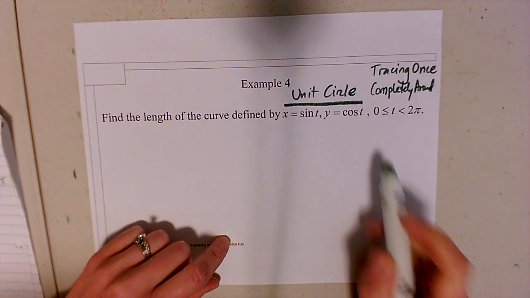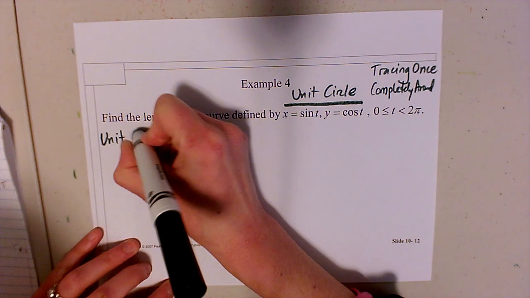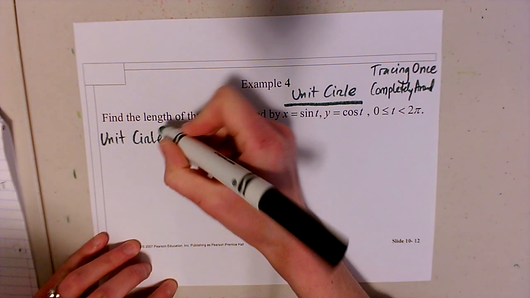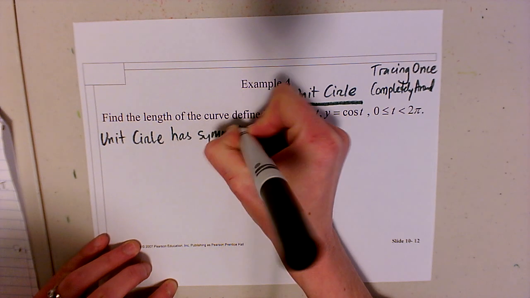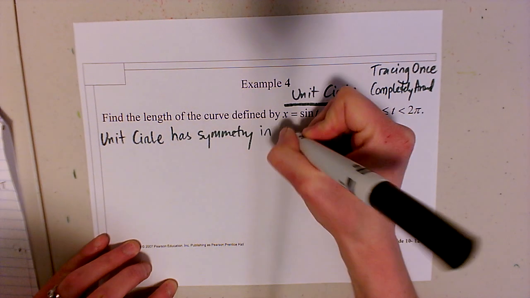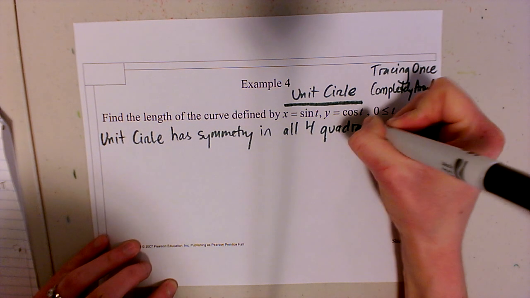Okay, and if you think about a unit circle, the unit circle has symmetry in all 4 quadrants.